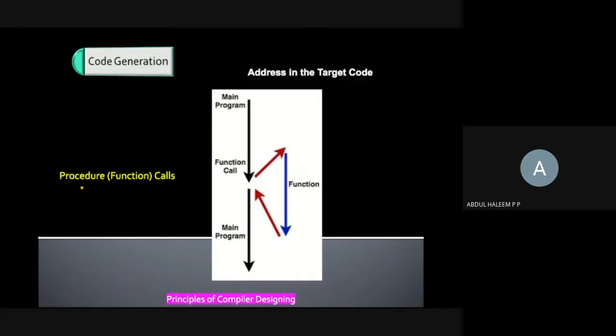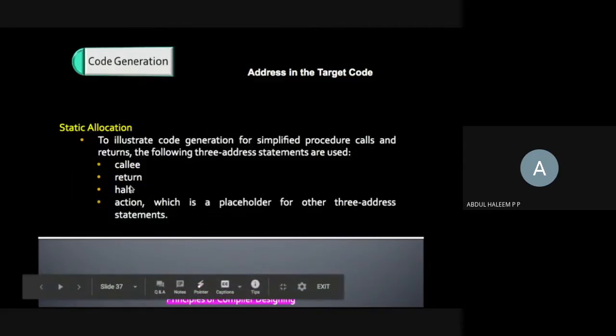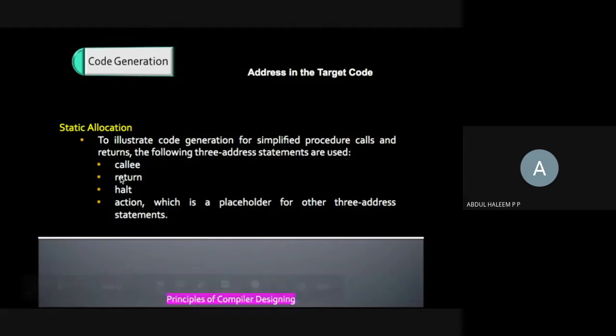How to implement machine codes for function calls. See, these are the three address statements that represent simplified procedure calls. An action is a place where other three address statements, that could be instructions within these functions or after the call instruction, will be specified as action 1, action 2, like that.